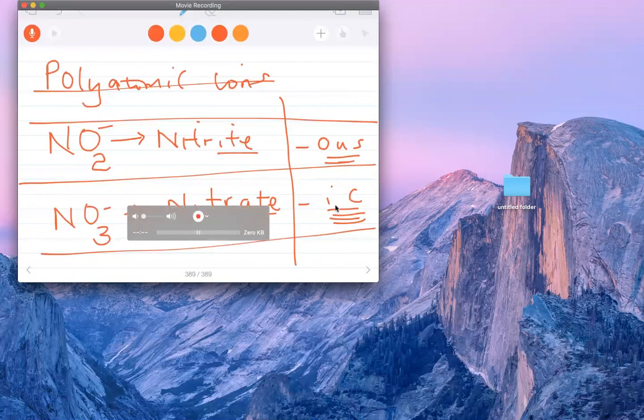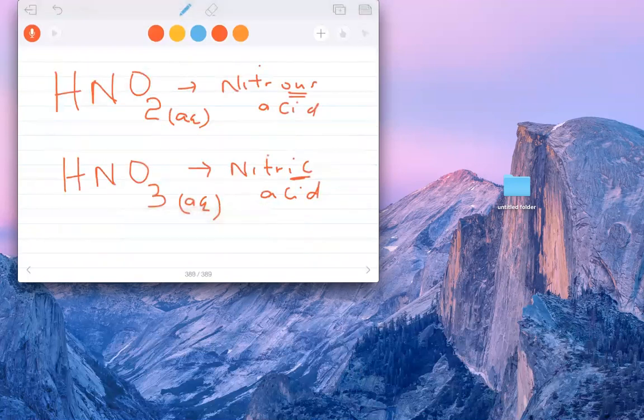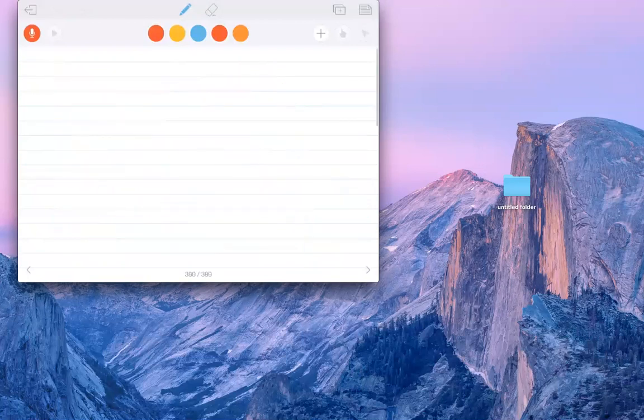It's not only limited to these two acids. I can also have H2SO3 and H2SO4, aqueous.